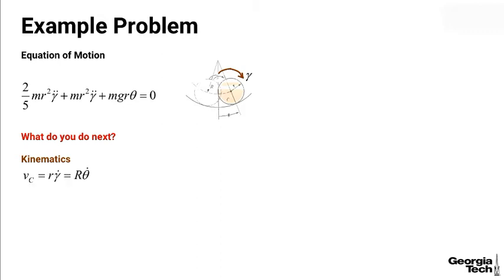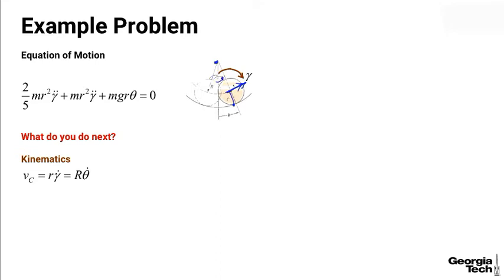The velocity of the mass center can be expressed in terms of gamma, in this case for the rotating sphere, from this point up to this point, or you can express it in terms of theta, where you're rotating about this point up here, and it's theta dot times big R in this case.